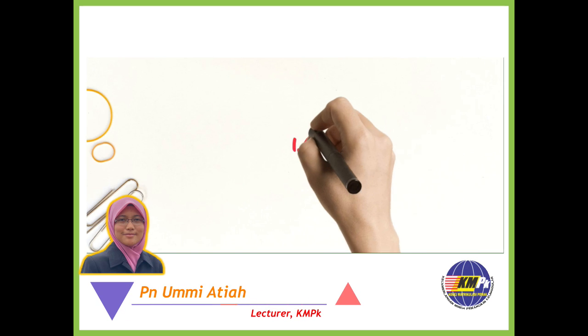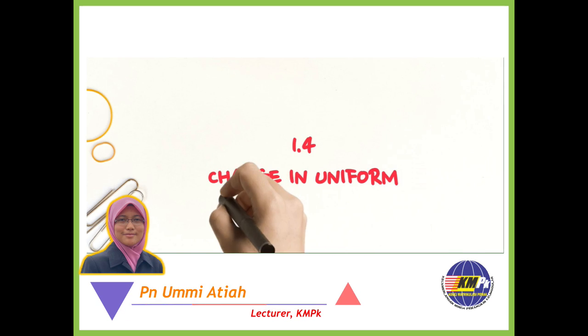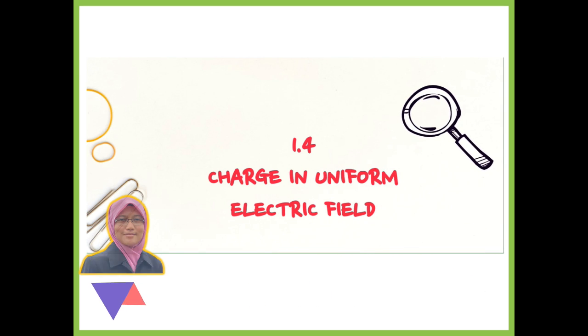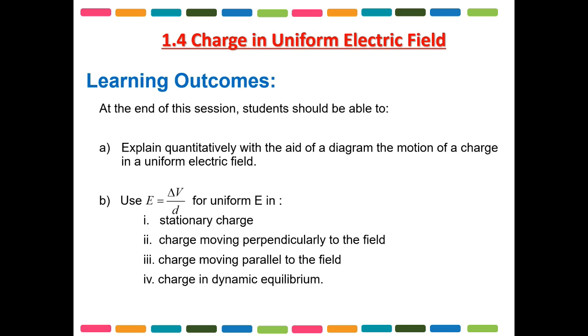Now we are at the last subtopic of this chapter, that is charge in a uniform electric field. In this subtopic, I will explain quantitatively with the aid of a diagram the motion of charge in a uniform electric field.